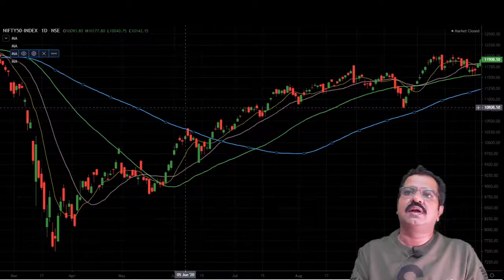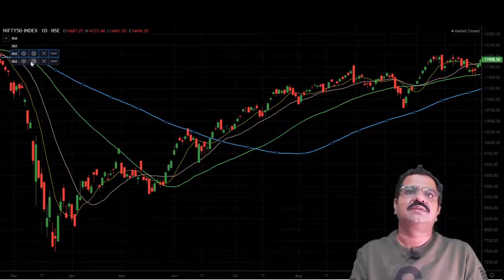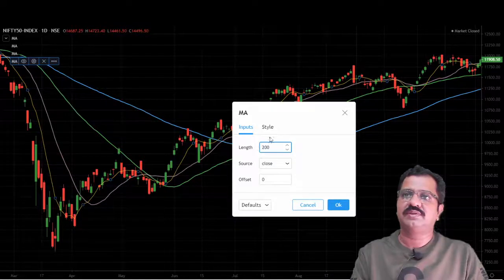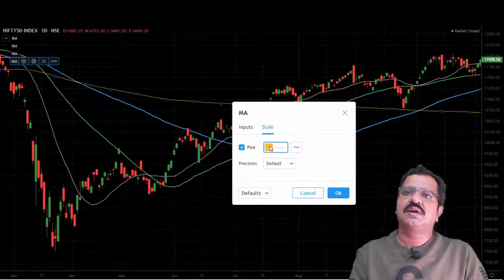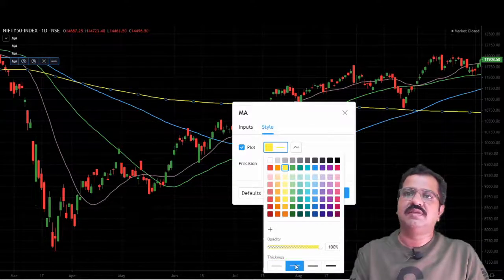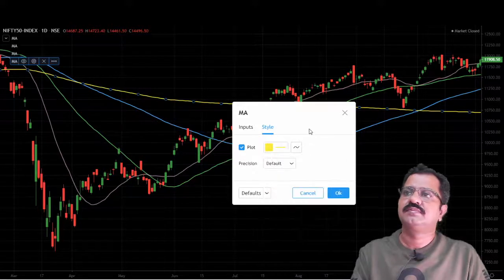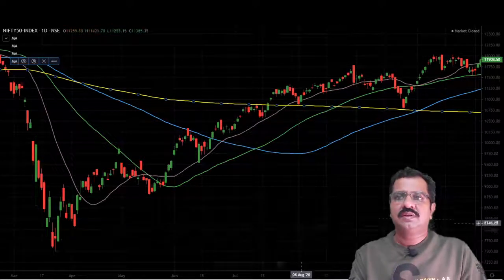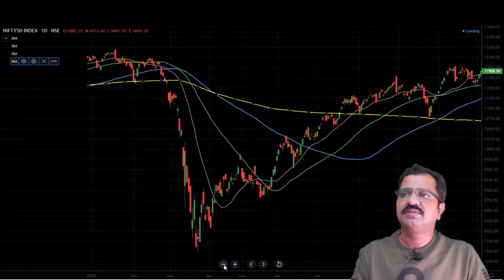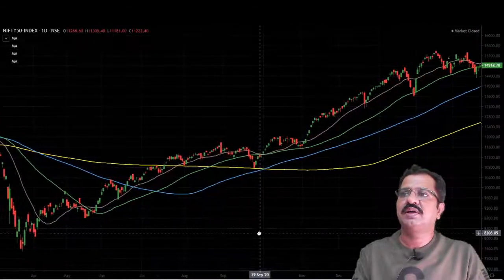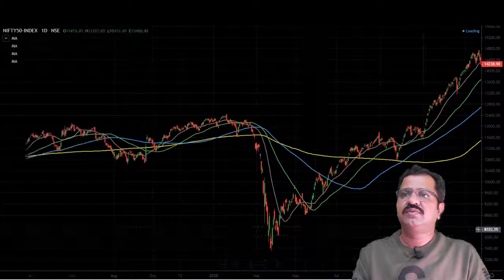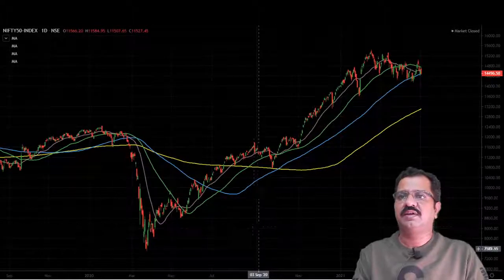Okay, and the last one will make it a 200-day moving average or 200 period moving average. So I'll make it, say, yellow, because it will be clearly visible then. Okay, so now we have 20 moving average, we have 50 moving average, we have 100 moving average, and we have 200 moving average. So 4 moving average I have added on this chart.